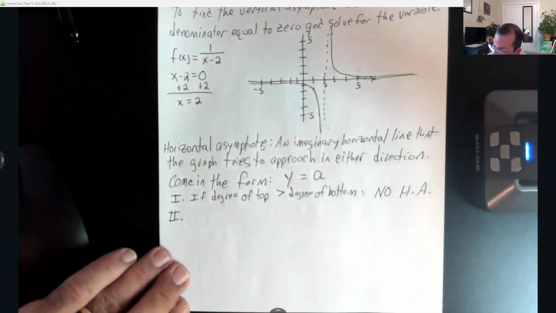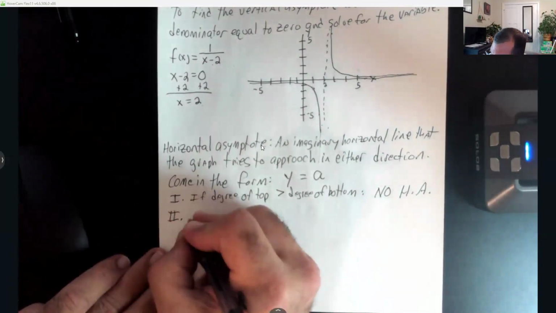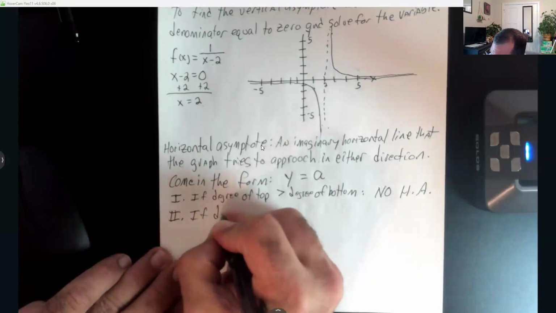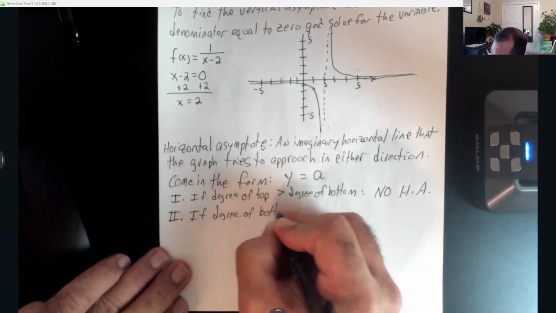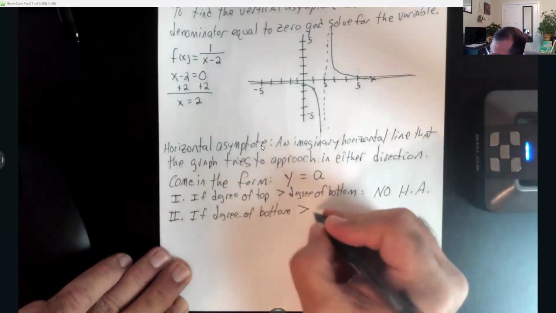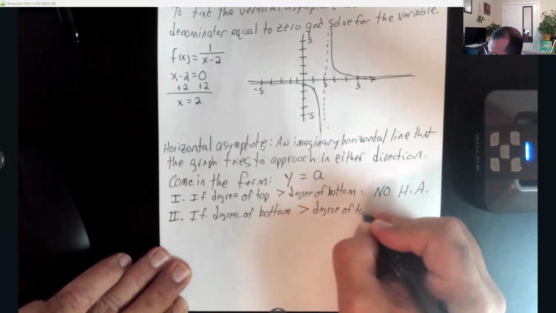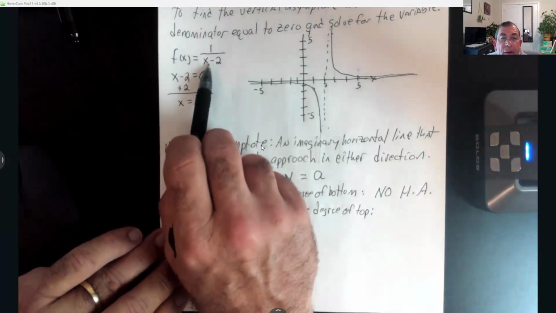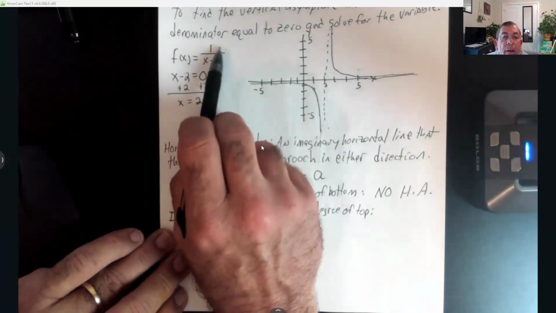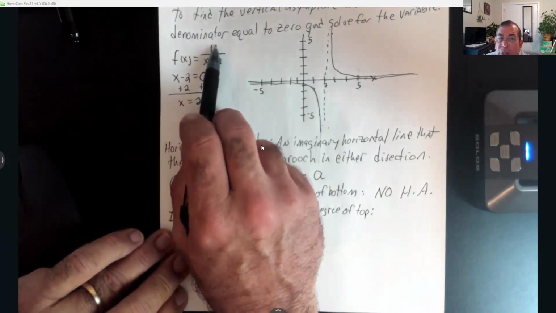Second case, if the degree of the bottom is greater than the degree of the top. Well, y'all, I had one here. I had a degree one on the bottom. There's no variable on top, so it was degree 0.